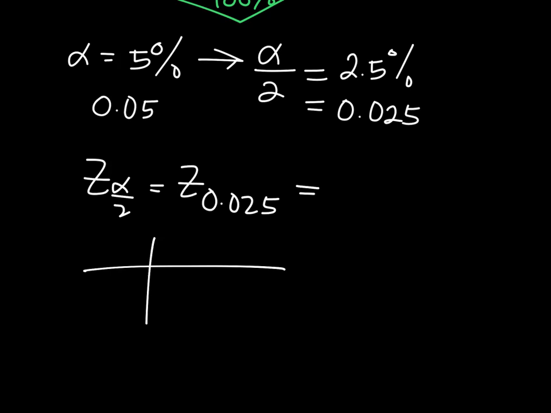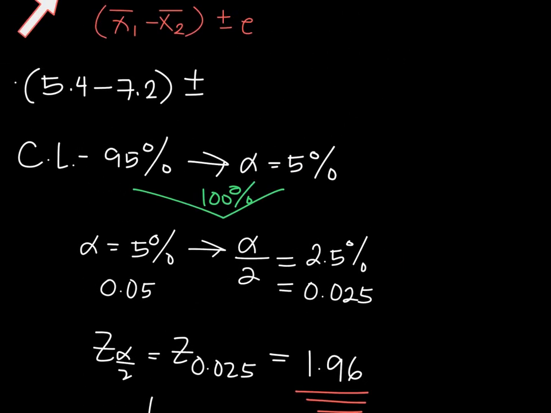If you are given a set of formulas, normally you have this set of z values already given to you. So according to my list, the z of 0.025 is 1.96. You need to verify this on your own, but from my list the z of 0.025 is 1.96.